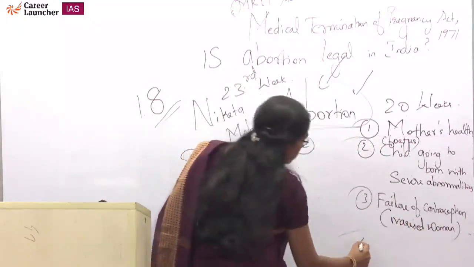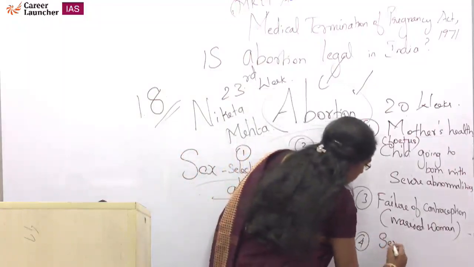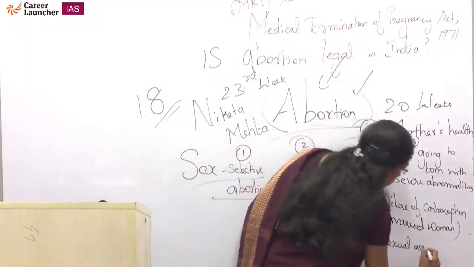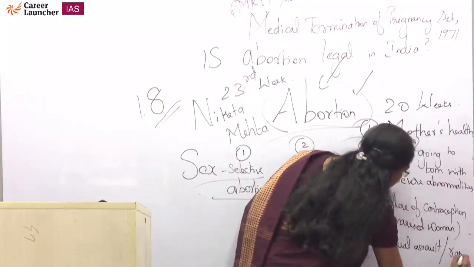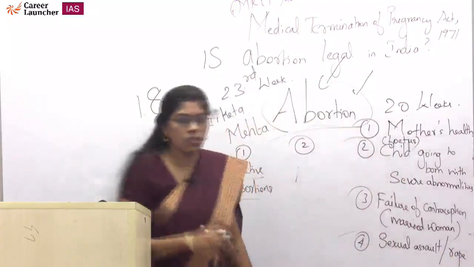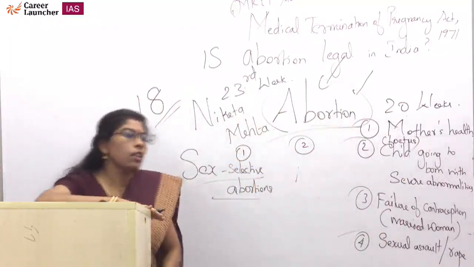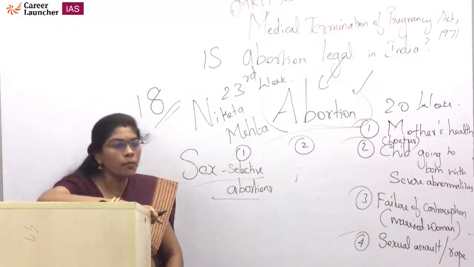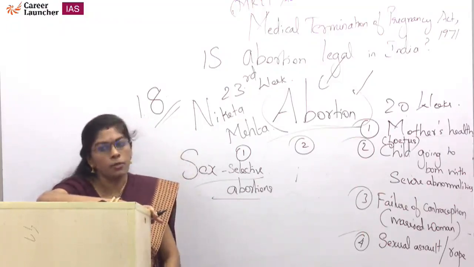And fourth, in case of sexual assault or rape. So these are the 4 conditions. Under these 4 conditions, the pregnancy of a woman can be terminated only with the consent of that particular woman, not with her husband.